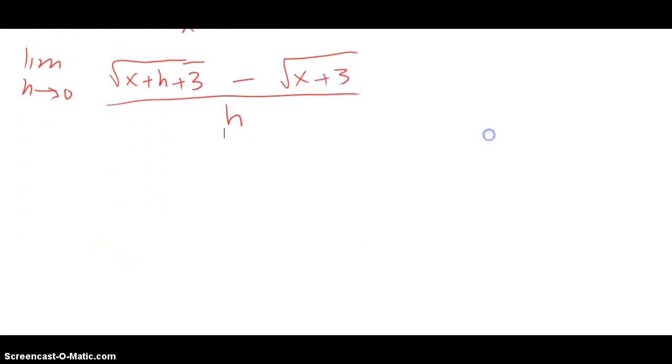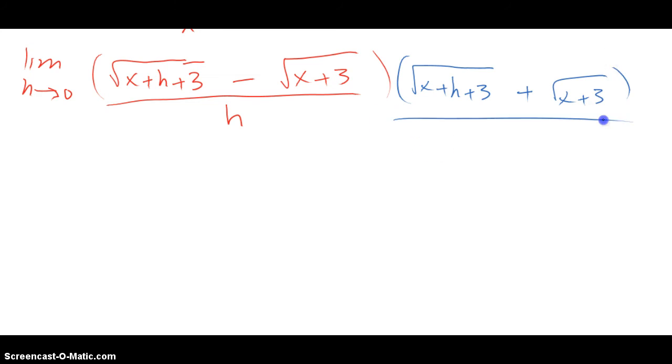Now if we plugged in h equals 0 here, we'd get 0 over 0, and that would tell us nothing. So we're going to do our rationalizing trick, where we multiply by the conjugate, which in this case is the square root of x plus h plus 3 plus the opposite sign, the square root of x plus 3, and divided by the exact same thing.